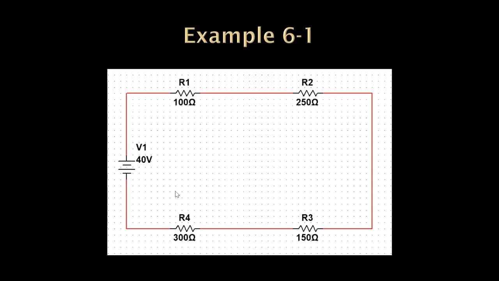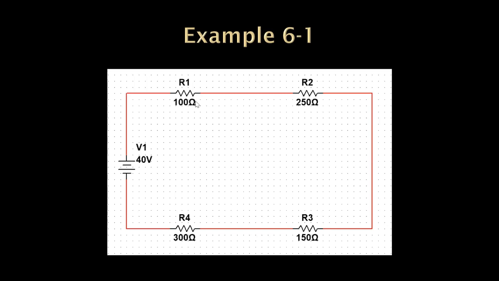What is the relationship, or how much lower is the voltage drop at R1 going to be from R4? What factor difference is the voltage drop going to be between R1 and R4? Right, a third.